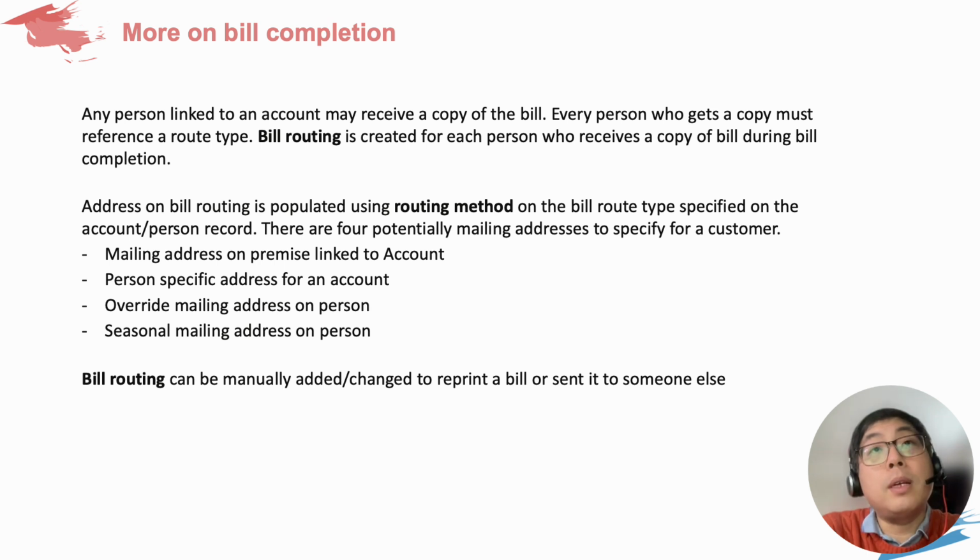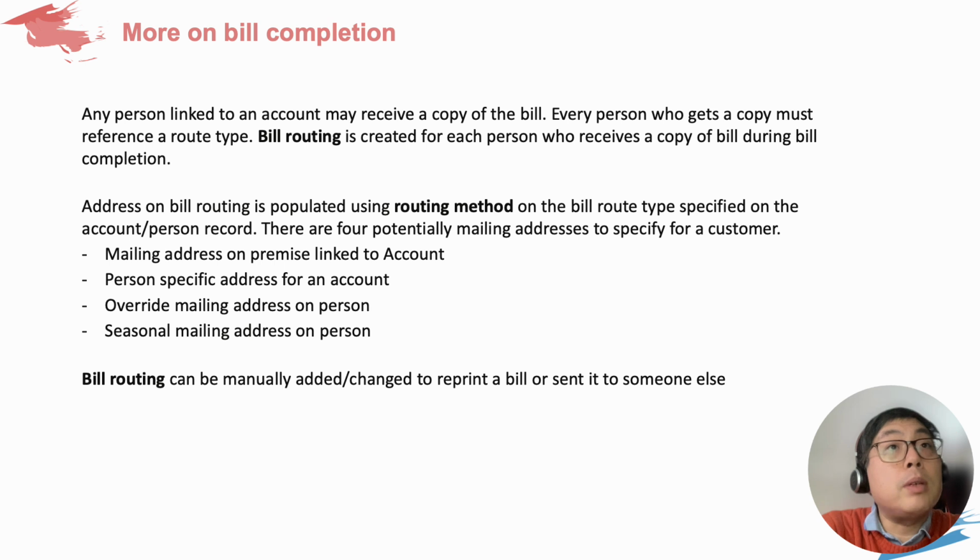And the last one, on the person, you could have a seasonal address, which is a subtable under person, where you can specify for different periods of the year which address to send to. Okay, so there are four different sources that can be specified. Again, based on the requirements, you might want to utilize one of them or many of them.